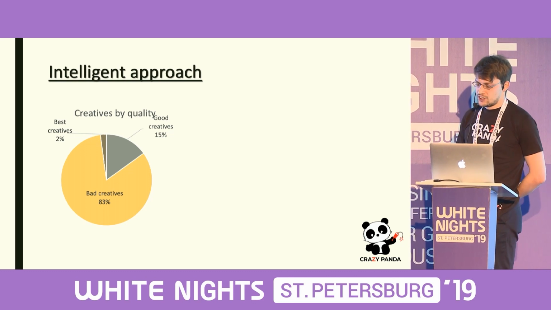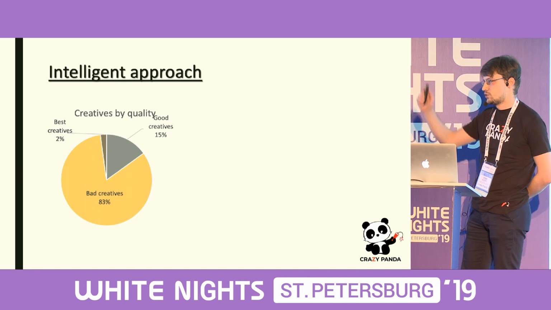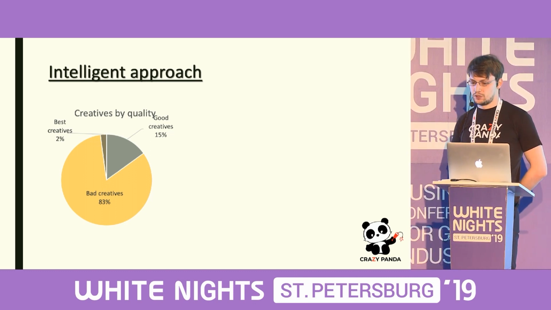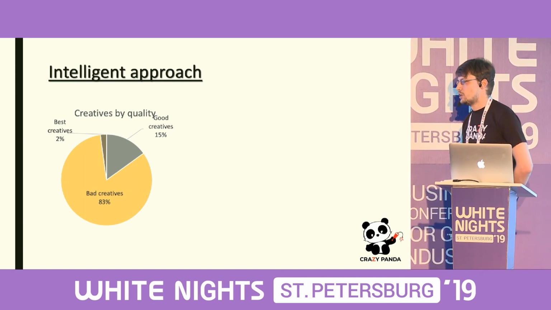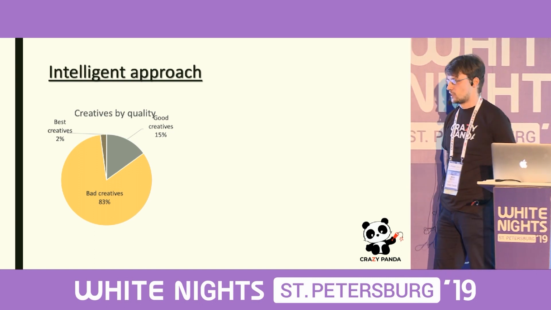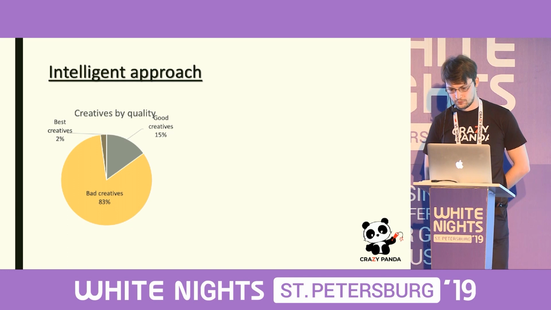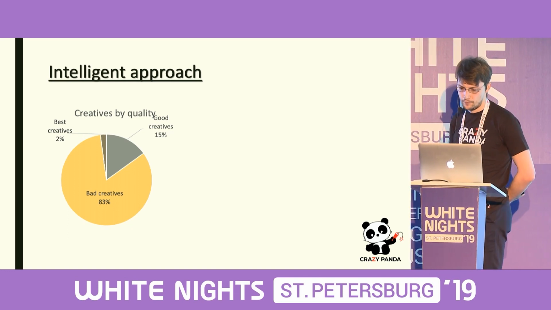From my experience, it takes from 20 to 50 creatives to get an ultimate winner, as you see here, 2%. By winner I mean a creative which can be used to acquire, let's say, 100,000 installs. Really a lot of users. At least, I mean. For bigger companies, it's 1 million installs, something like that.